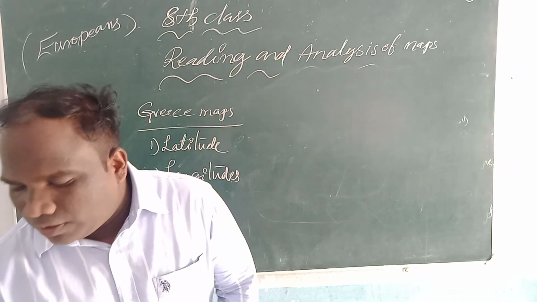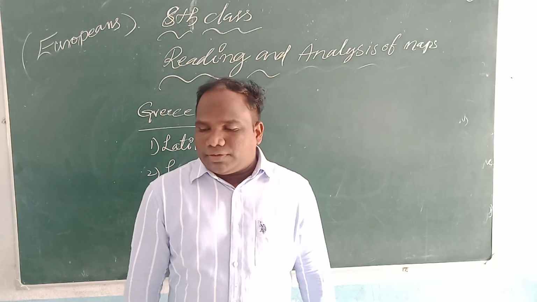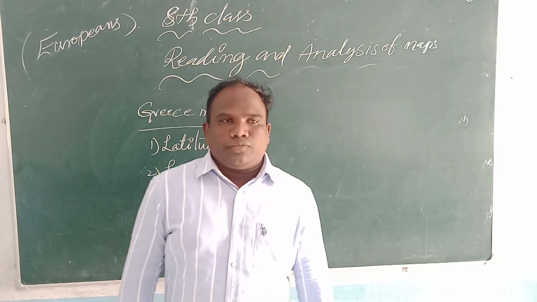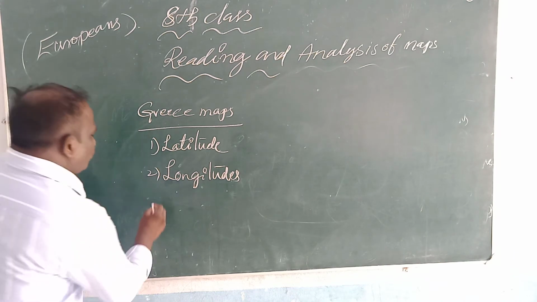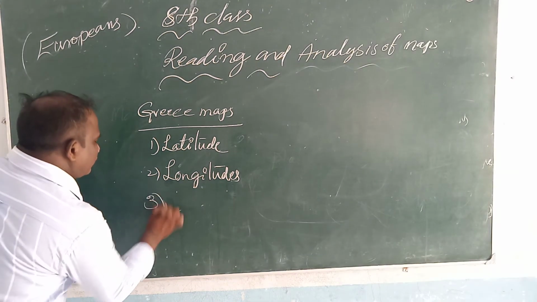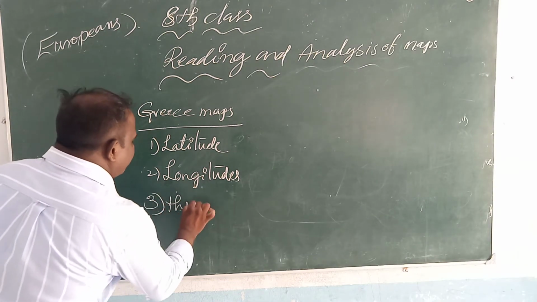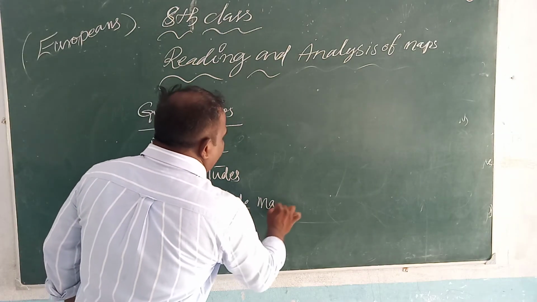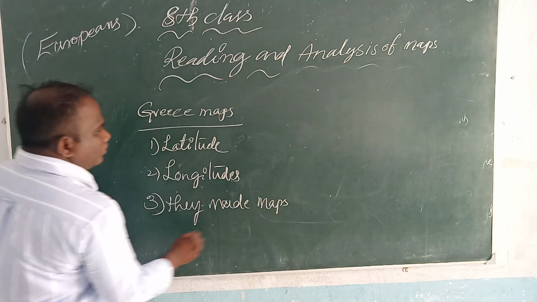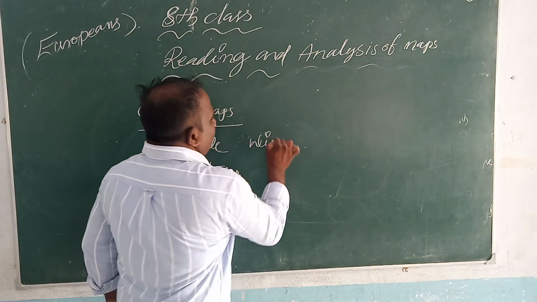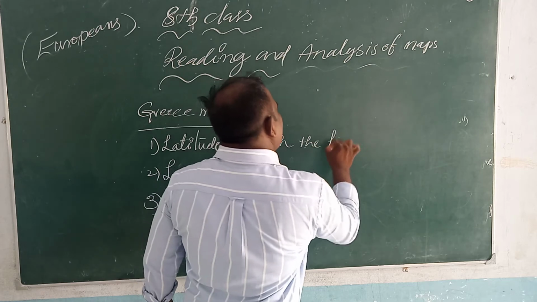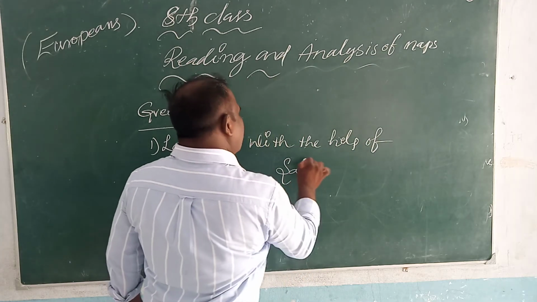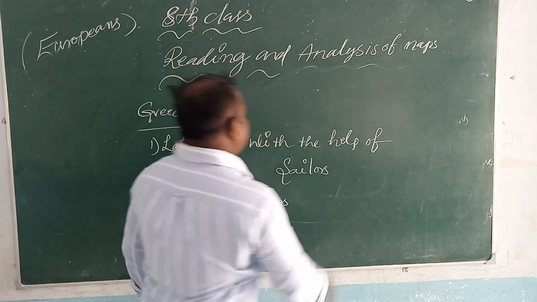That is the first point. Maps were made to help the sailors. They made maps with the help of sailors.